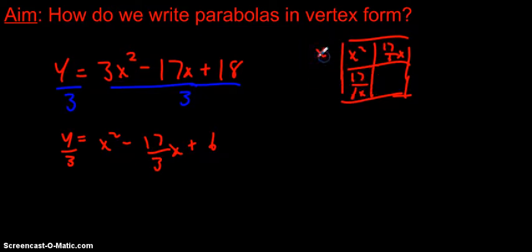So that makes each side of this square x plus 17 over 6, which is going to be the x coordinate of our parabola. So the value that completes the square is going to be 17 squared over 6 squared. What is 17 squared? 17 squared is 289.